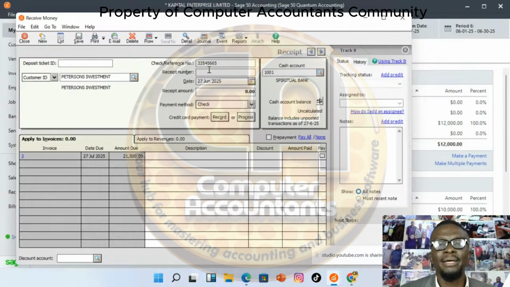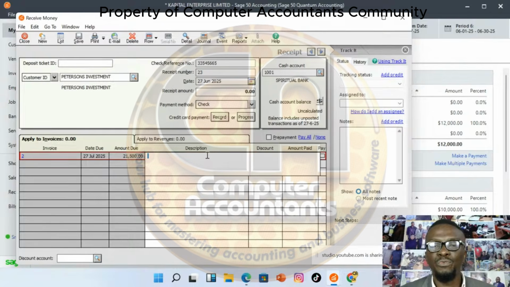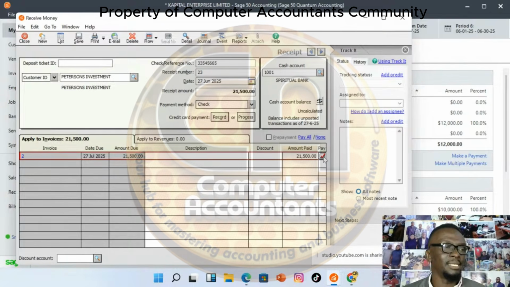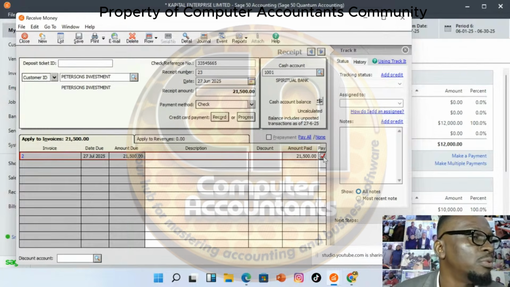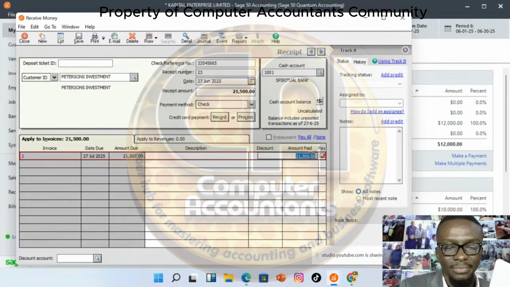The check number, possibly the receipt. Then out of the 21,000 Peterson is owing us, Peterson is paying part. If he's paying in full, you don't need to type anything. If he's paying in full, all you need to do is click on this box, pay. You can see it. But he's not paying in full. That is 20,000.